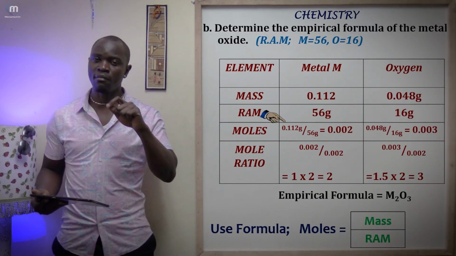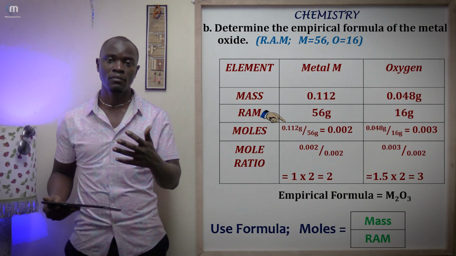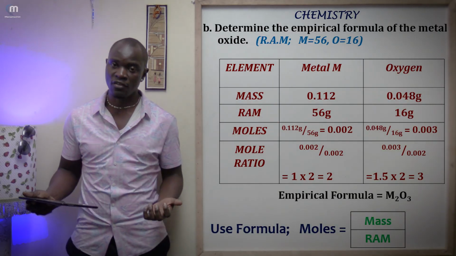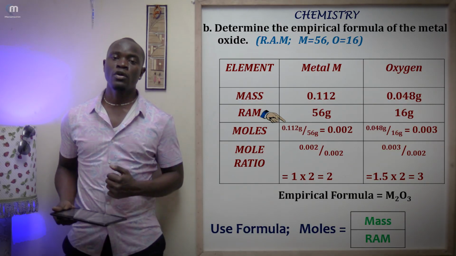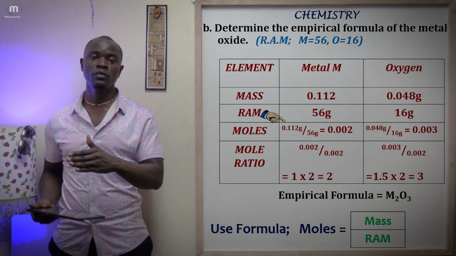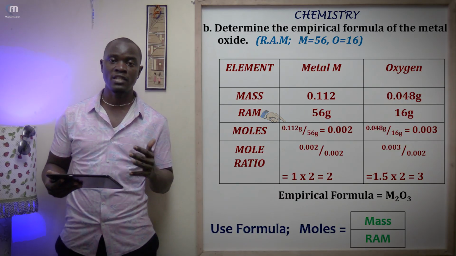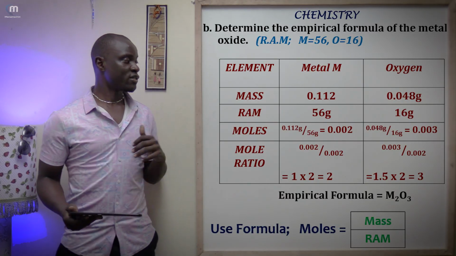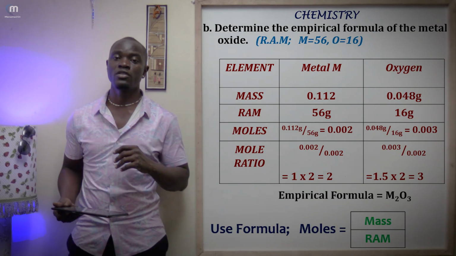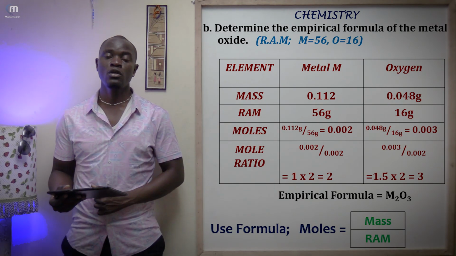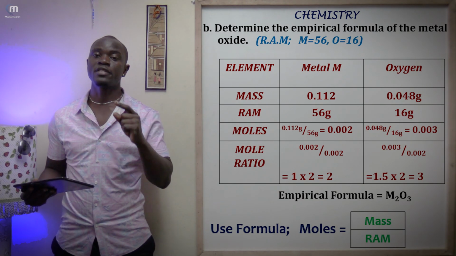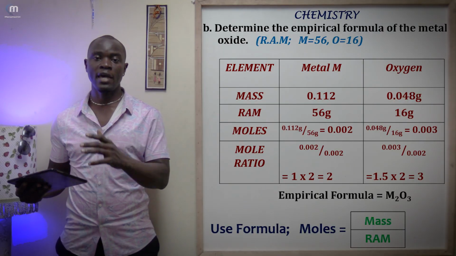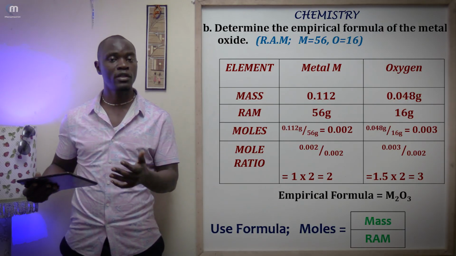So to get the moles of metal M, we just apply the formula: 0.112 grams divided by 56 grams. If you do that, you get the moles. As you can see, the moles we got was 0.002 moles. So that was the moles of the metal M that had combined with oxygen.